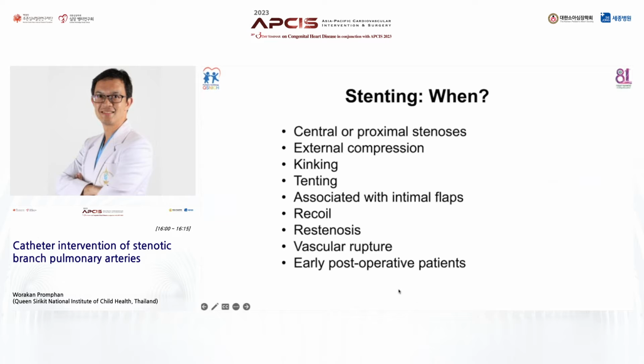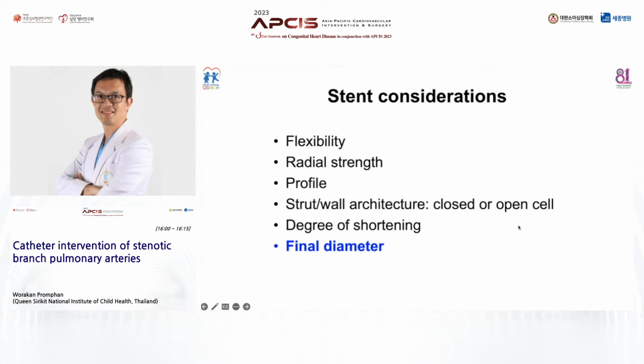To emphasize, stenting is considered if you have proximal stenosis that is large enough, external compression, where you need to put something inside the vessel to open it up, kinking, tenting, intimal flaps, recoil, restenosis, vascular rupture, or early post-operative patients.